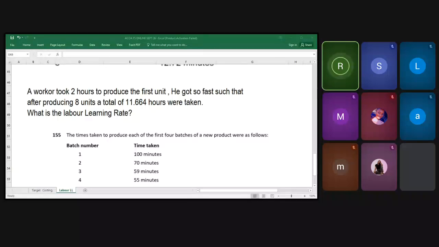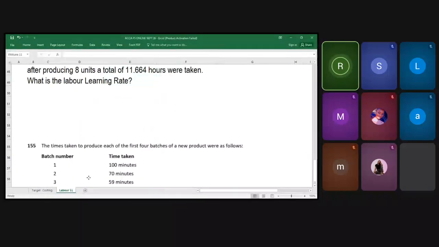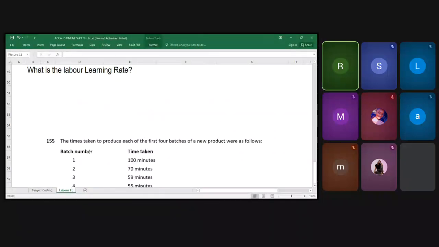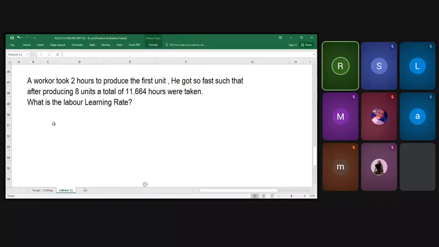All right, so let us revise this one, then we go to another one that I prepared here. So this worker here, we need to look at the output. The moment you talk about output, please don't forget doubling. So the output is doubling from 1 to 2 to 4 and to 8. So I want to look at my average.